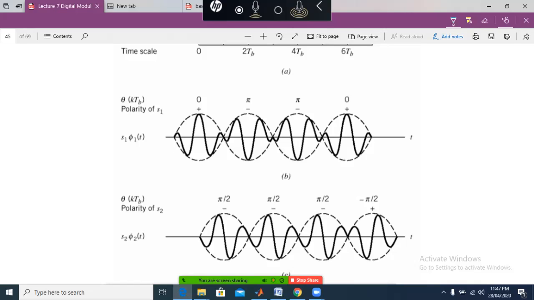The bits are represented by the sign component.